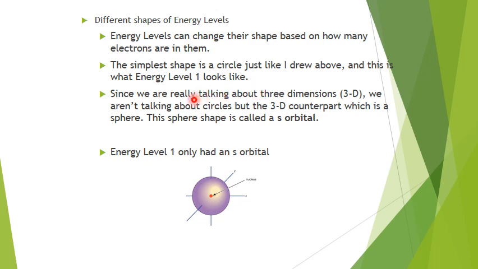Actually, this shape, the shape of the energy level, is called an orbital, an s orbital. So the simplest type of place that an electron can live in is an s orbital. Notice I use the word orbital. Don't confuse it with the word orbit. And you'll see how this all fits into place in a minute here.